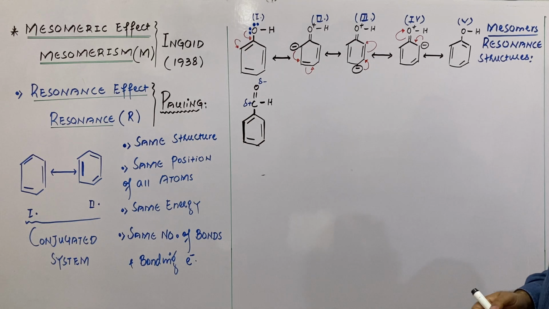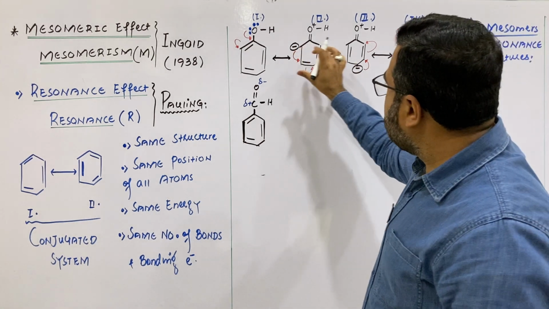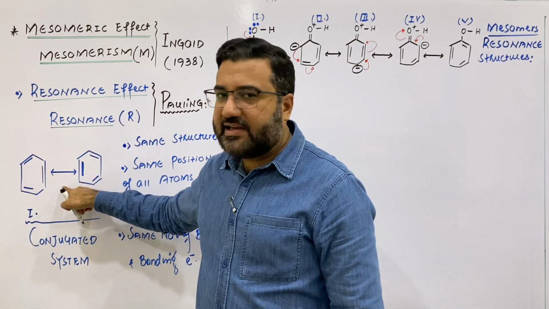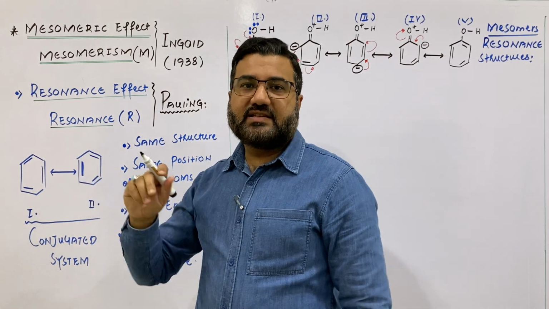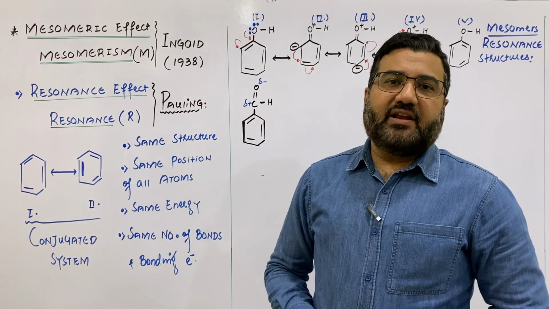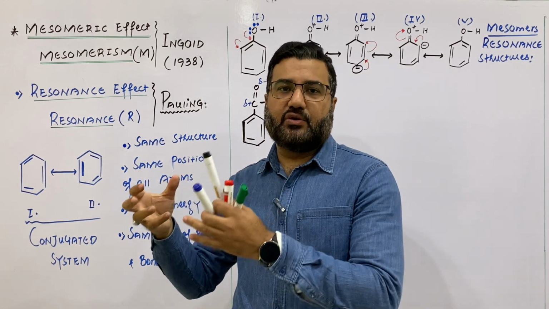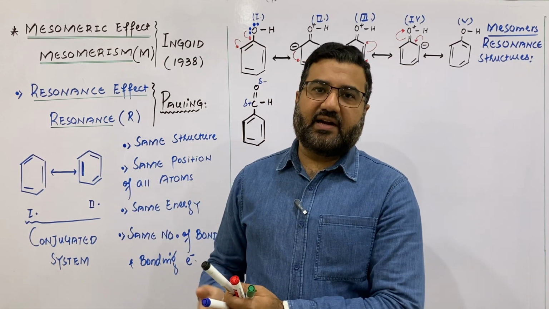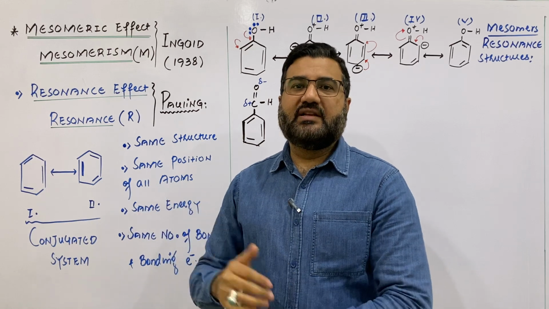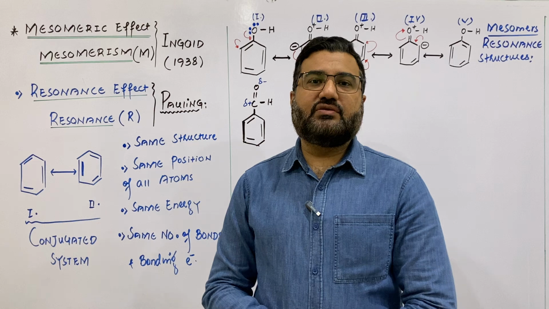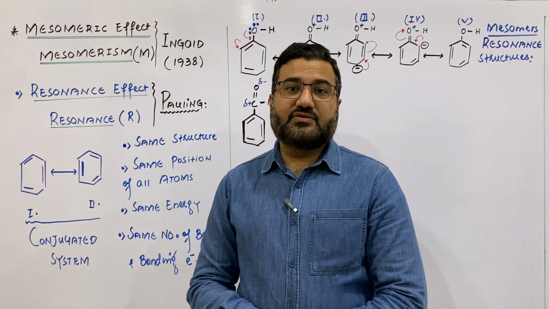Now, my dear students, these are the mesomers as well as the resonance structures, but they are only resonance structures. Why? Now, listen to this very carefully. If there is a molecule which is not attached to any functional group, and it shows more than one form, then that phenomenon will be called resonance, and those forms will be called resonance forms.